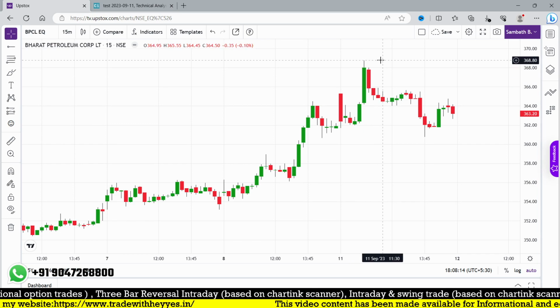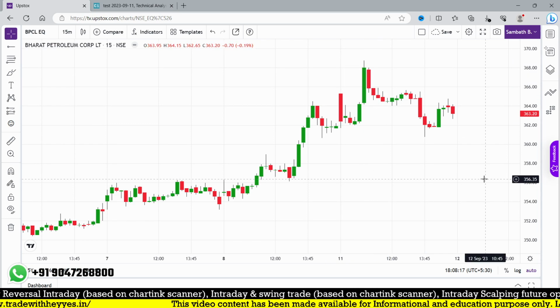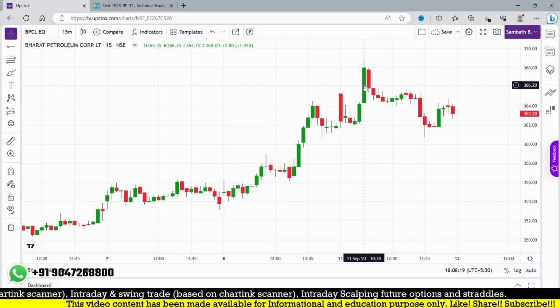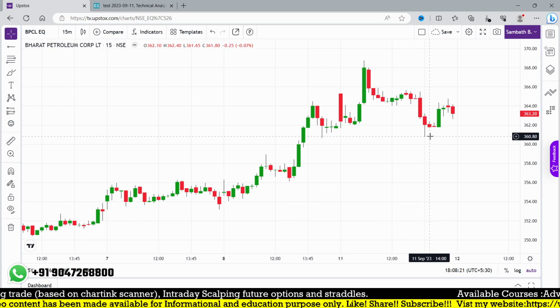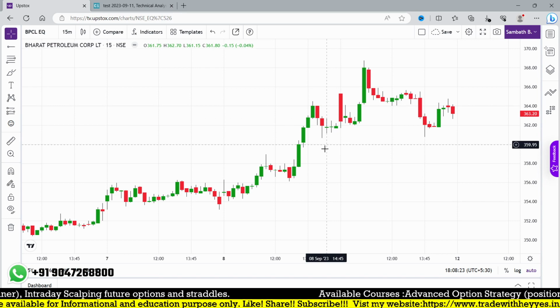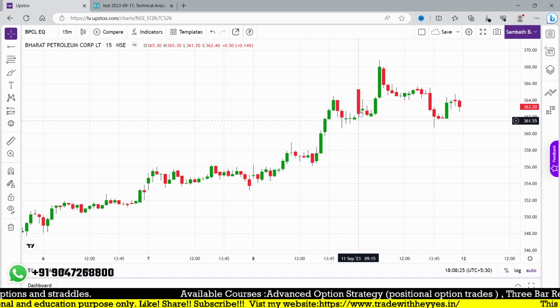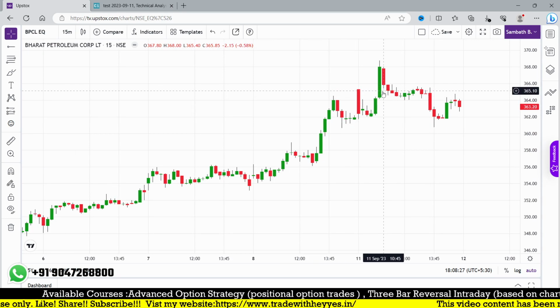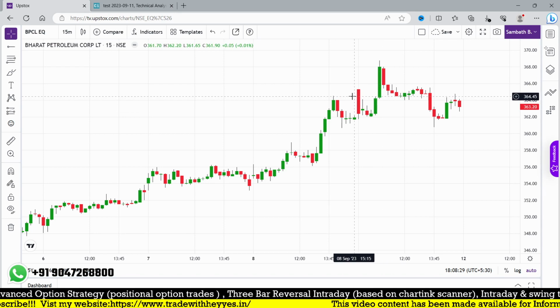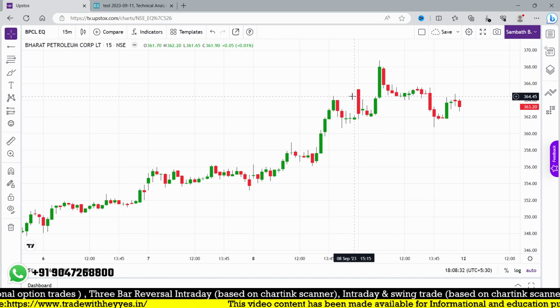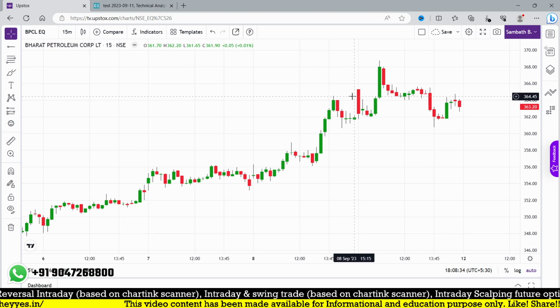It gave such a big high, and then it returned back. To avoid such a thing, we should add one more important condition: it was not opened inside the previous day high. Our condition is that this particular candle opens there.